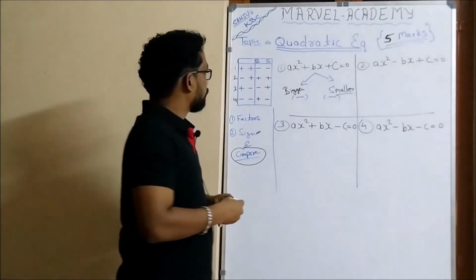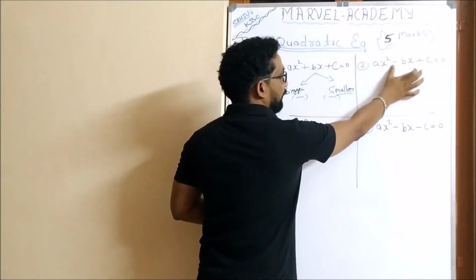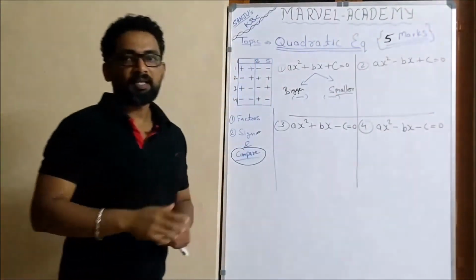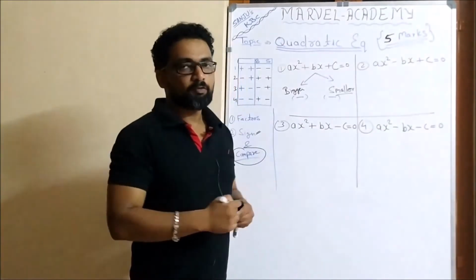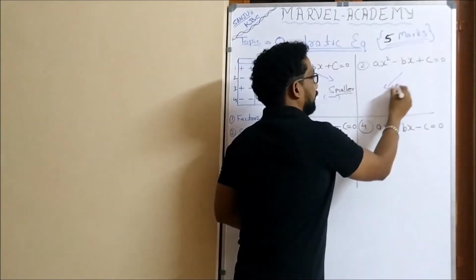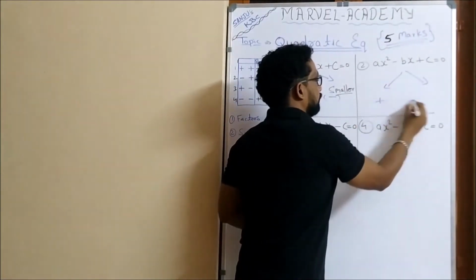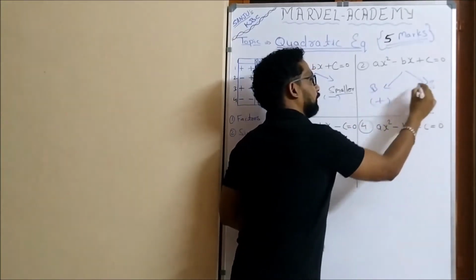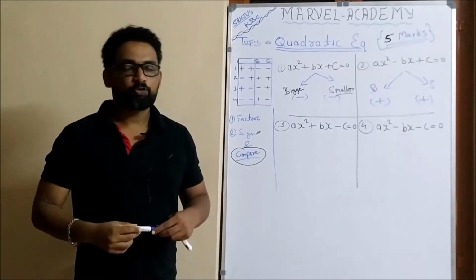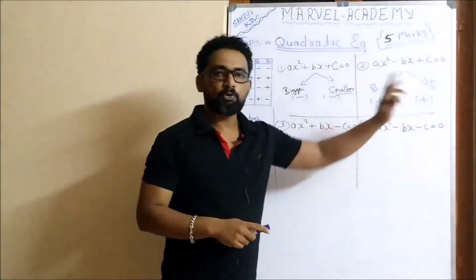Next sign is minus and plus. When the values are minus and plus, then your resultant would be positive, that is both values are plus and plus, bigger value and smaller value both will be positive.